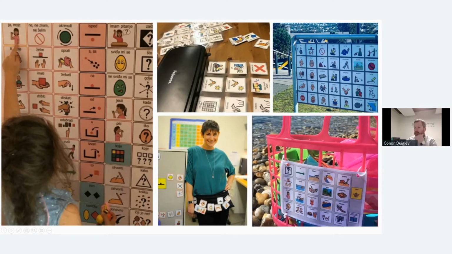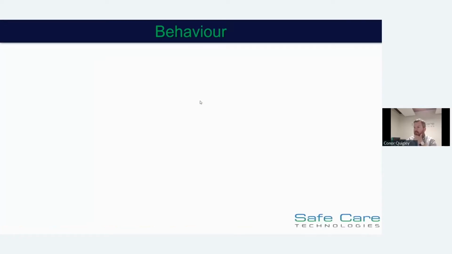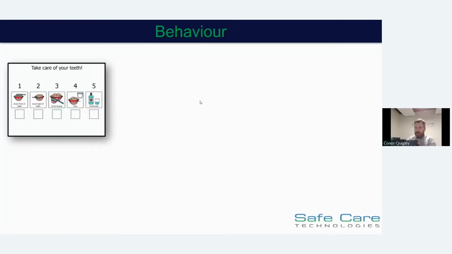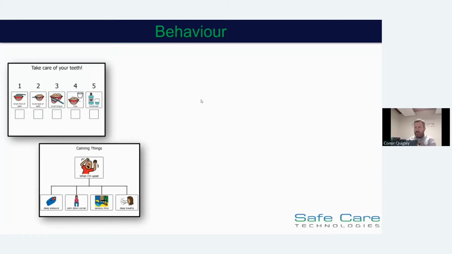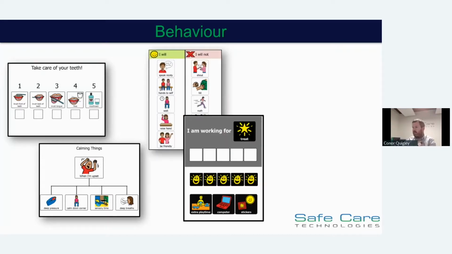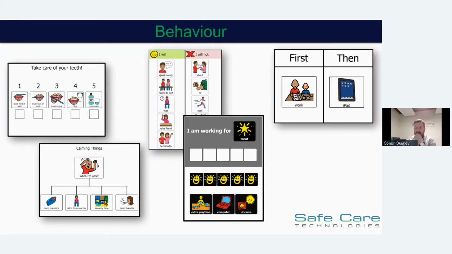So that's using these PCS symbols for communication. Behavior, so you can use these PCS symbols for visual schedules. We can create complex strategies if we wanted to. We can do first and thens, etc. So using maybe Boardmaker, and I'll show you how to do this in TD Snap as well, where they've got some of the behavior supports built in as well.